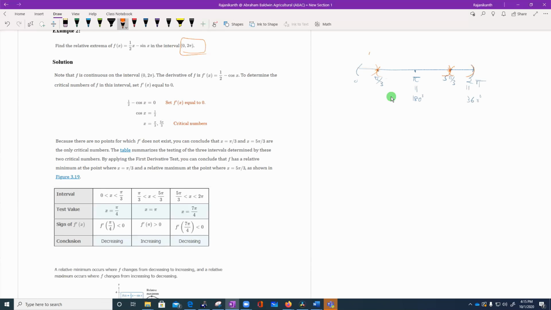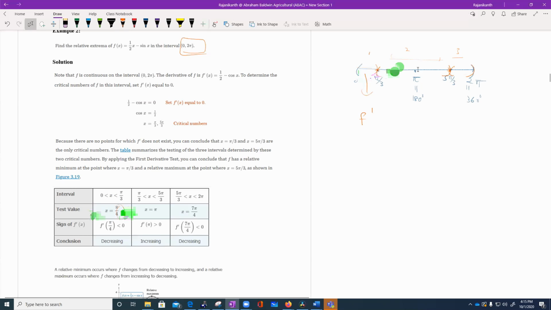This is my first interval, this is my second interval, and this is my third interval. So now take one value to test the first derivative. You could choose any value between 0 and pi over 3. That is up to you. So here they have chosen the value pi over 4 as the first test value in this interval.